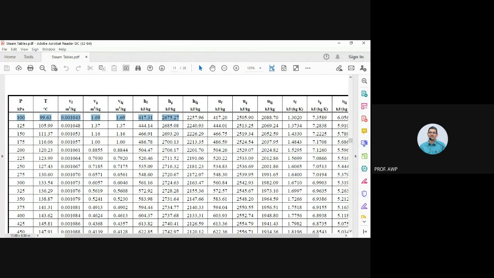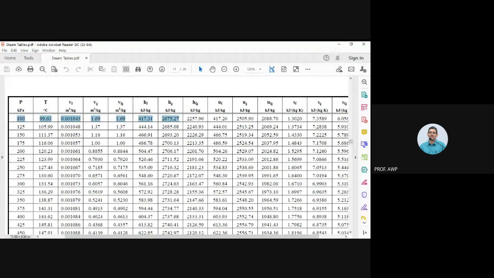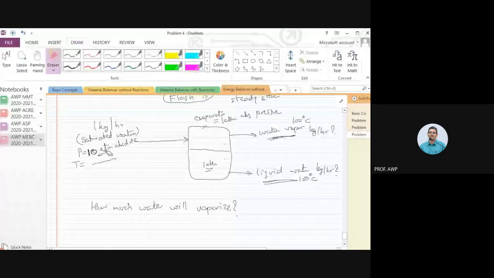Can we go to the problem now? You have noted down the values? Yes, sir. Let's go back to our problem. Okay, so let's say we are not talking about atmosphere absolute. Let's say we are talking about bar.